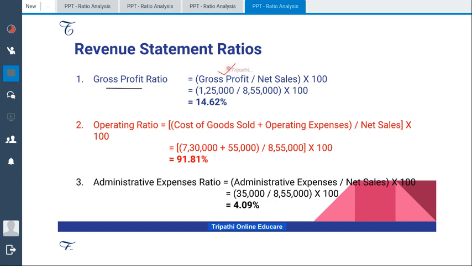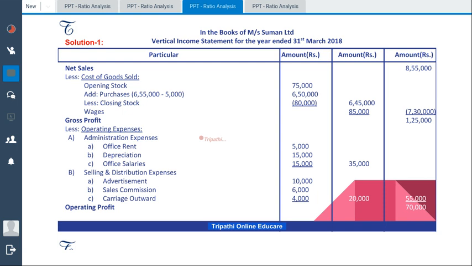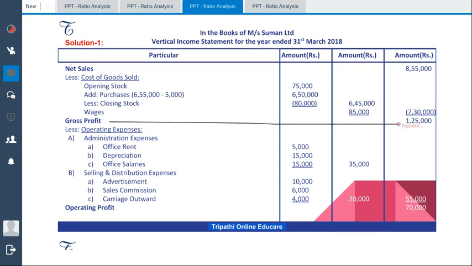The formula is gross profit upon net sales into 100. Now let us go and check the gross profit of this company. So the gross profit of this organization is 1 lakh, and the net sales is 8,55,000.